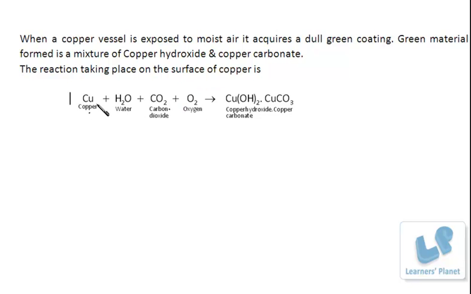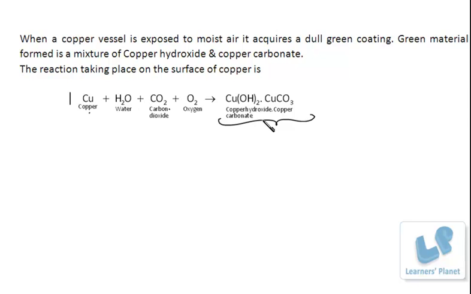So this is the green material which is formed on the surface of copper. This can also be scratched off, but you can't scratch it with a cloth or a scrubber. A compound is required to remove this material.